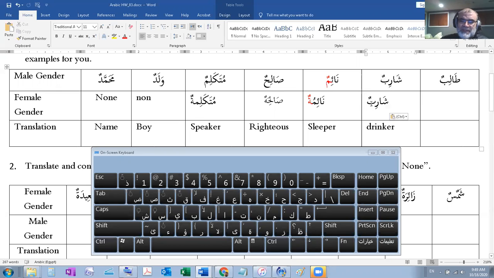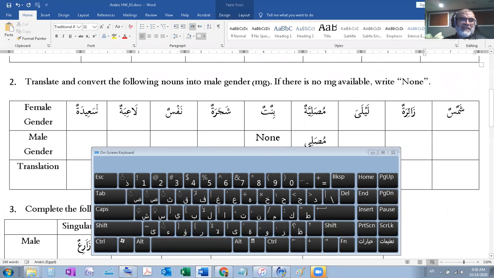You delete the تنوين ضمة and you replace it with just a ضمة, and then you add تاء مربوطة. Okay? طالب, student, طالبة.